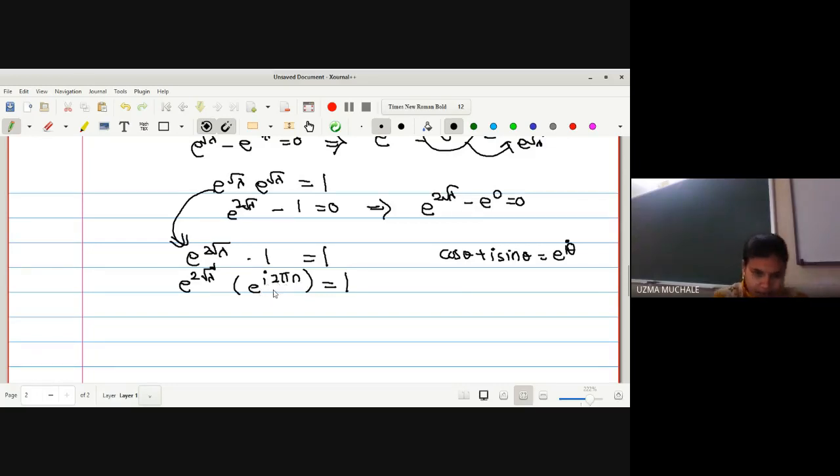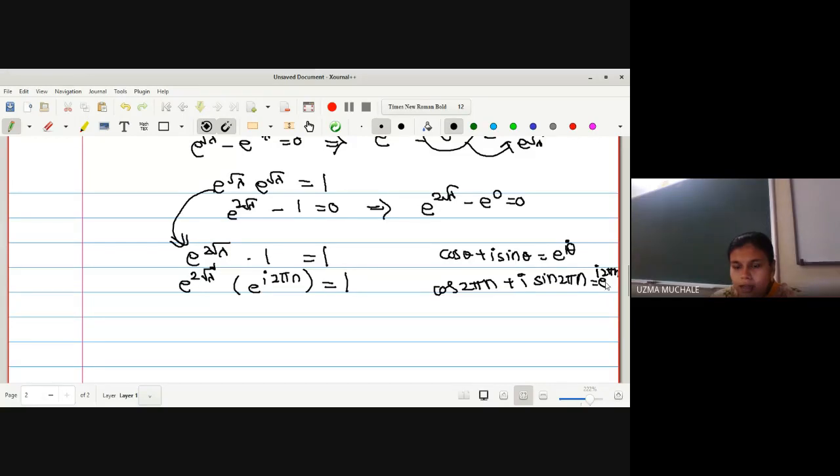Now we have to verify whether this e raised to 2 pi n I is nothing but 1 or not. For that, wherever you have theta, you can put 2 pi n. Cos of 2 pi n plus I sin 2 pi n is nothing but e raised to I 2 pi n.